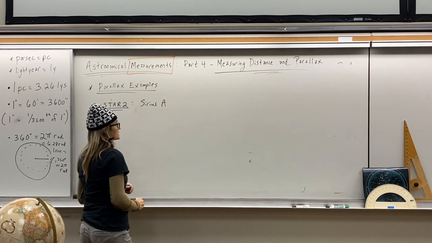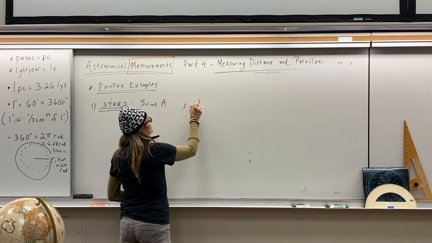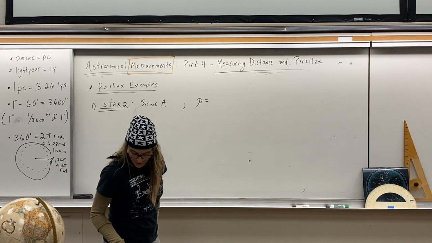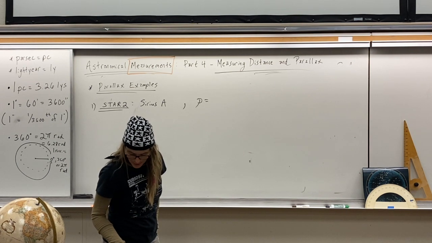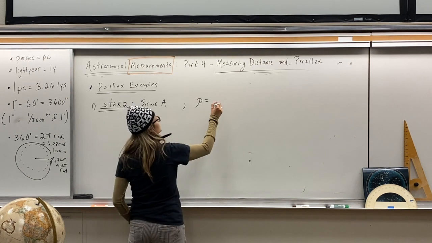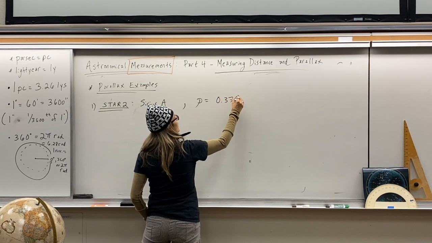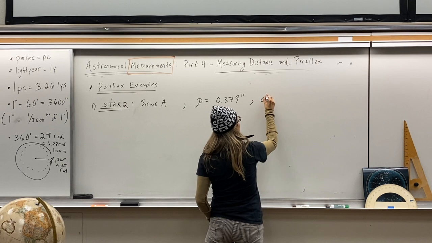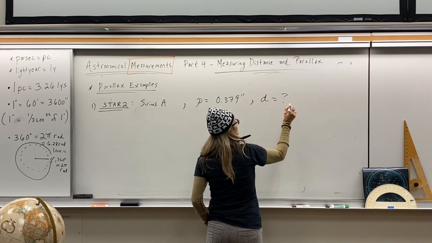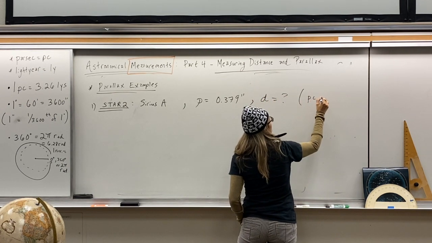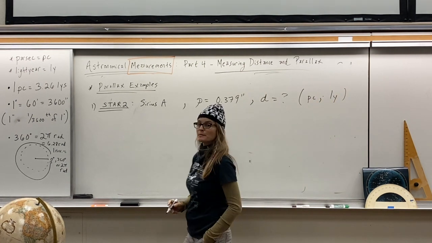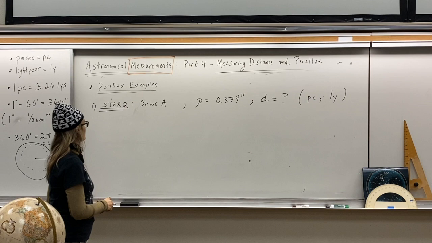Okay. And Sirius A has a parallax angle that's been refined up to 0.379 arc seconds. And the question is, what is its distance? And let's find it in PC and in light years. Okay, because maybe we'll want to use light years for it.